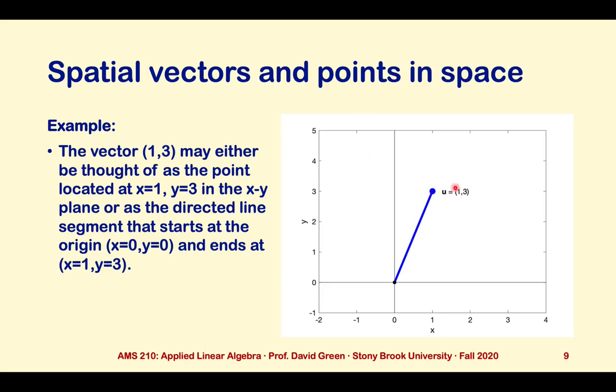Or we might think about it as the line segment that starts at the origin and moves to that point. A directed line segment, a point in space, or simply the ordered pair of numbers 1 and 3 are all ways of thinking about this same vector. All right.